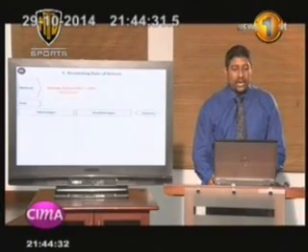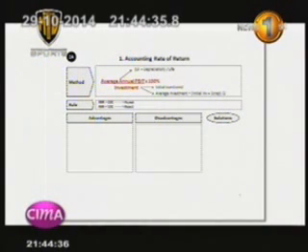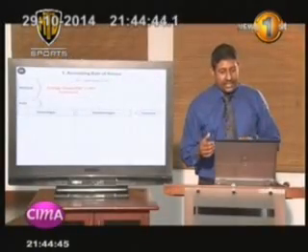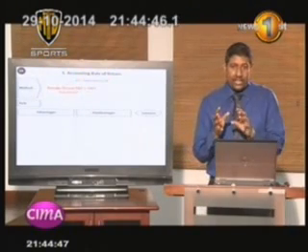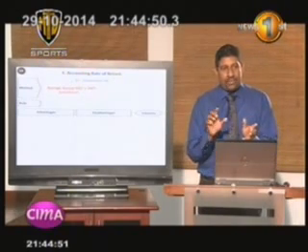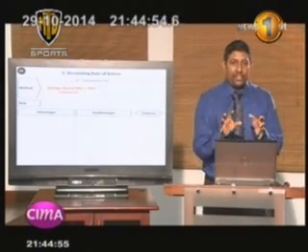First technique, accounting rate of return. What is the formula? Average profit divided by investment. Now how do you calculate profit? Profit is always cash flow minus depreciation. What is depreciation? Depreciation covers the investment portion, which means if your cash flow minus depreciation is positive, that means you are covering your investment.